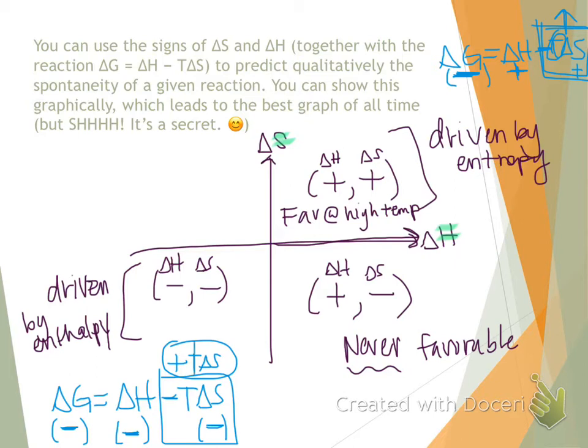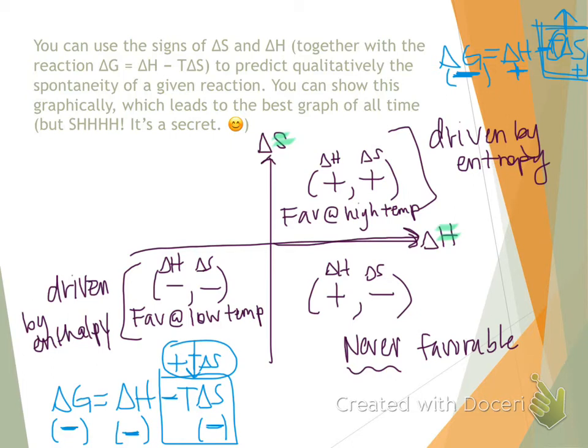But whenever our temperature is low enough, we're adding a small enough number to our negative delta H so that it is not larger than that negative delta H, we'll still end up with a negative delta G. Whenever we have a negative and a negative for both enthalpy and entropy, it will be favorable at low temperatures.